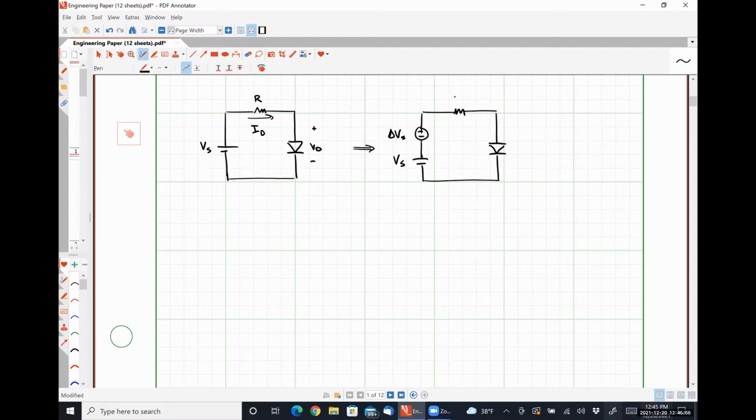So this current will now be ID plus delta ID, and this voltage drop would be VD plus delta VD. That's our goal.